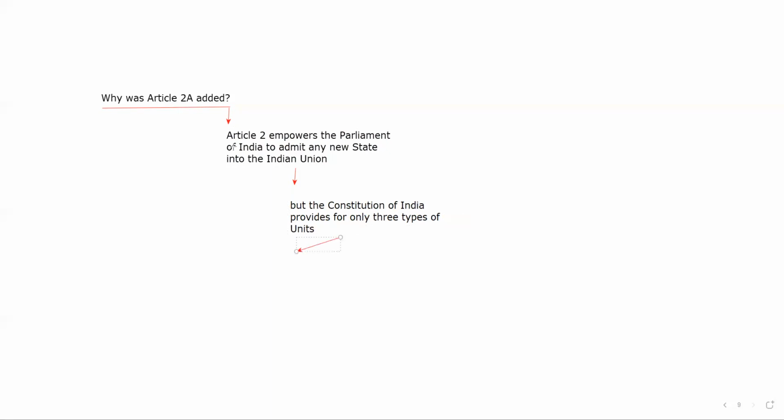They are the states, the second is the UT, and the third is the acquired territory.